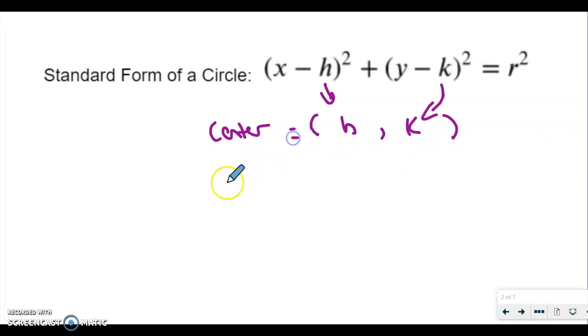And then the radius would be whatever r squared is. So I would take the square root of r squared, and I would get my radius to be r.